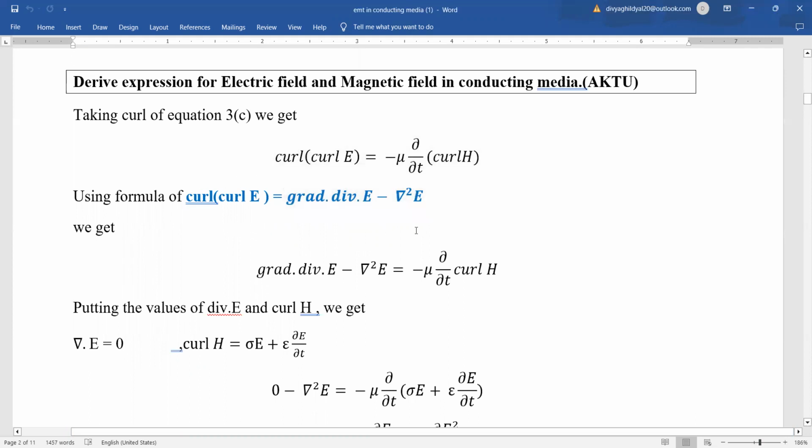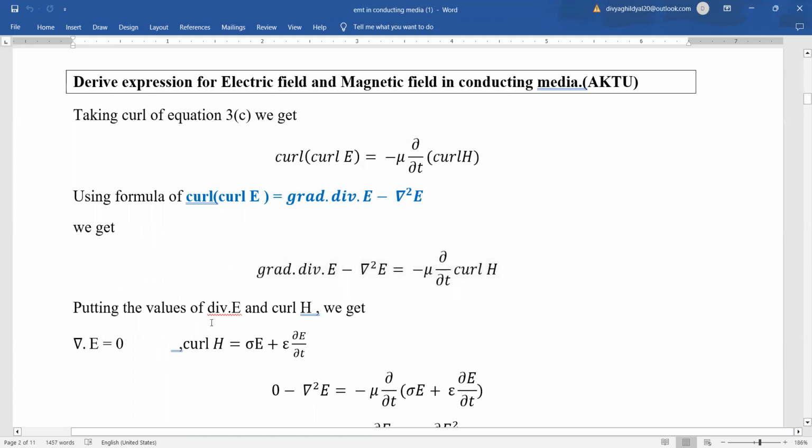With this formula, on the left-hand side we get gradient divergence E minus del 2E is equal to minus mu del upon del T of curl H.